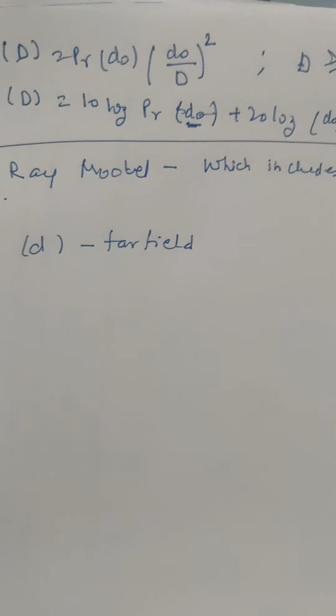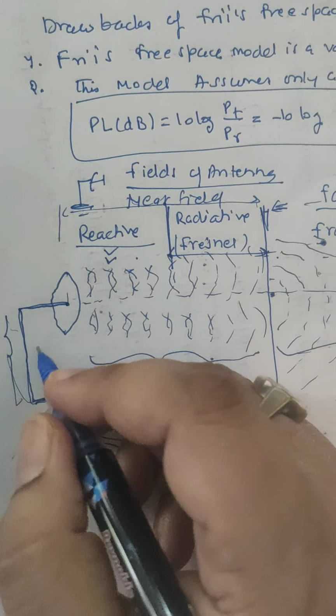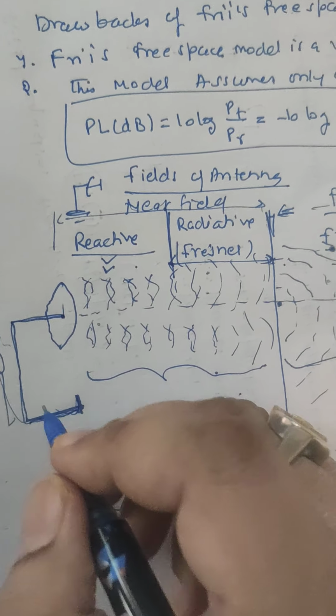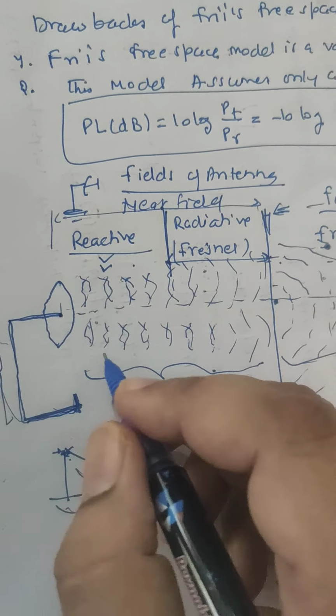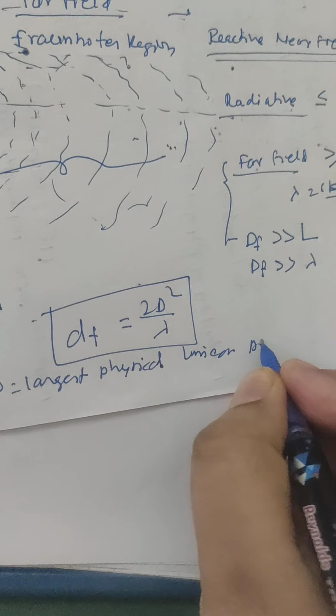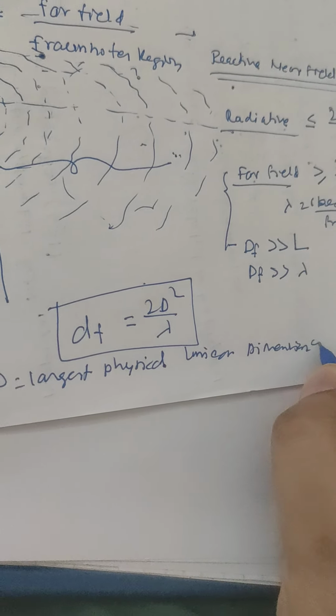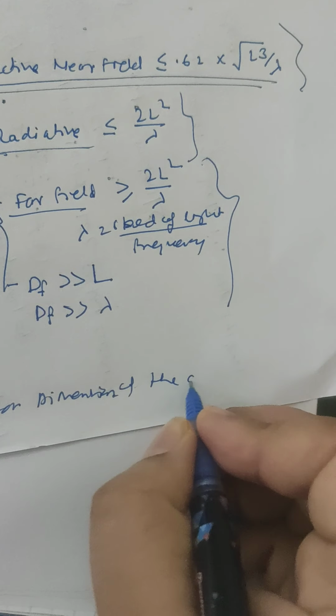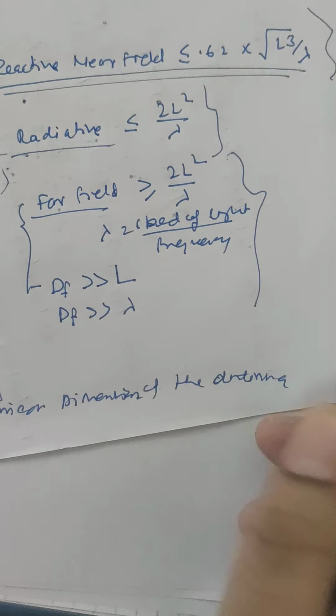This region is related to the largest linear dimension. If D is the largest linear dimension of the transmitting antenna aperture and lambda is the carrier wavelength, then the Fraunhofer distance is given by d_f equals 2D squared by lambda, where D is the largest physical linear dimension of the antenna.